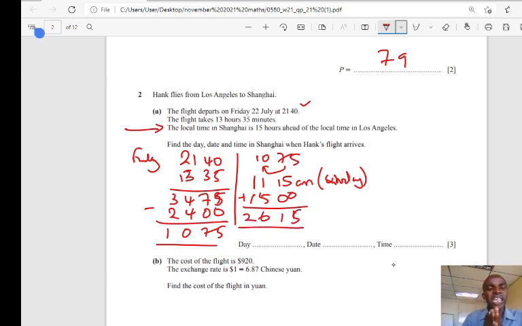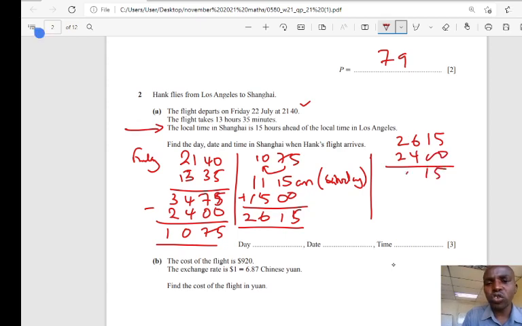Our day ends at 24:00. Remember that. So we are supposed to subtract 24:00 from 26:15. Then it will be 2 hours 15 minutes after midnight. It will be 2:15 a.m. And this one will be on a Sunday. This will be Sunday. So done.